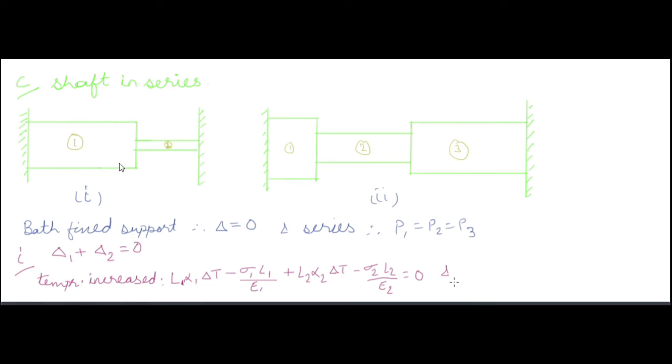And the load is the same, so sigma 1 A1 is equal to sigma 2 A2 is equal to sigma 3 A3 if you have 3.